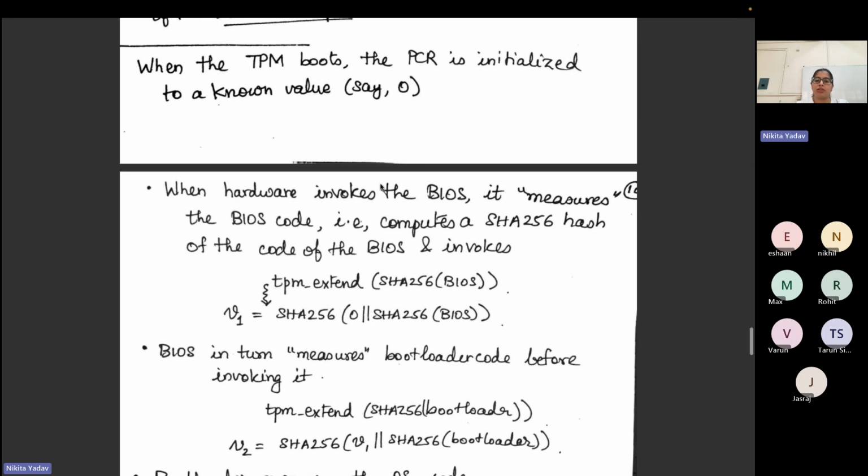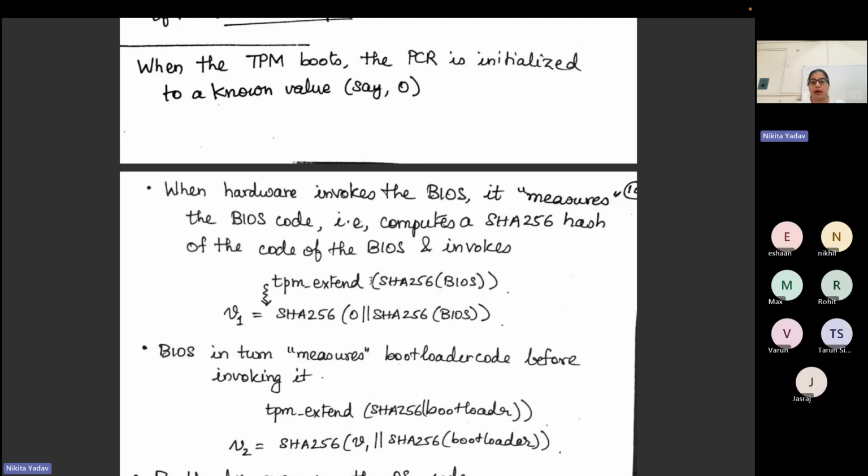It has to invoke the BIOS to start the boot process, but before it does so, it measures the BIOS code. What does measure mean here? It means the hardware is going to compute a hash of the code of the BIOS. Let's say that hash value is the SHA-256 of the BIOS. So this is the hash.